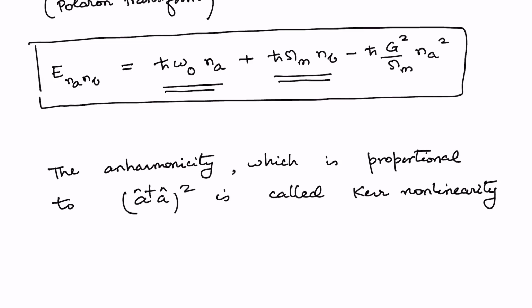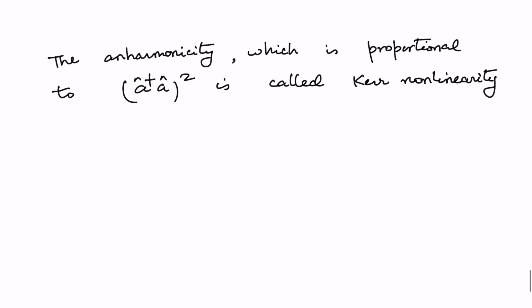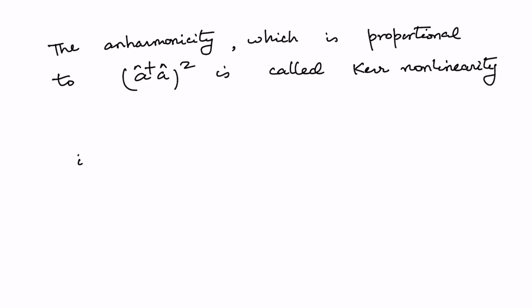However, let me show you it more clearly by applying the Heisenberg equation of motion to the optical mode. If I apply the Heisenberg equation of motion to the optical mode, I have i h per dA dt is equal to the commutator of A with H tilde.